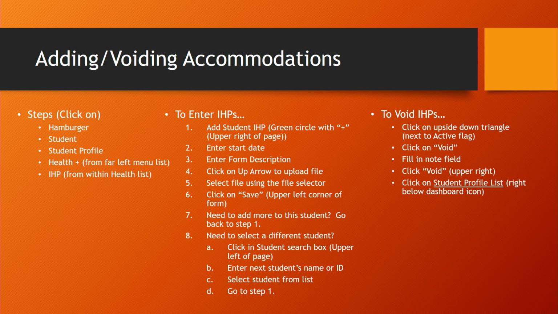Then I clicked on the student profile list right up above, by the dashboard icon, and I was back at the student profile. Remember, you can void an accommodation or IHP entry, but you can't delete it. Voiding it will make it disappear from the gradebook list as well as the student list, but it's still part of the student's profile.